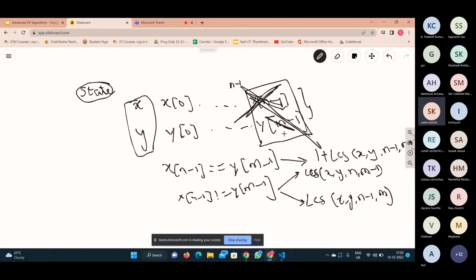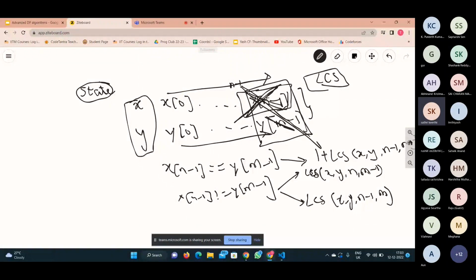The LCS of final x comma y will be the maximum of these two, because if this last character is there in the final LCS, then it will be there in this LCS.